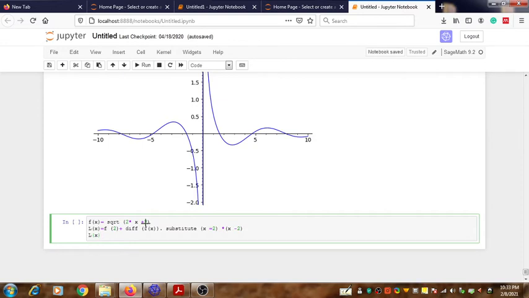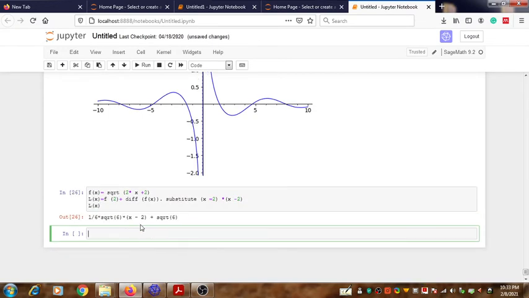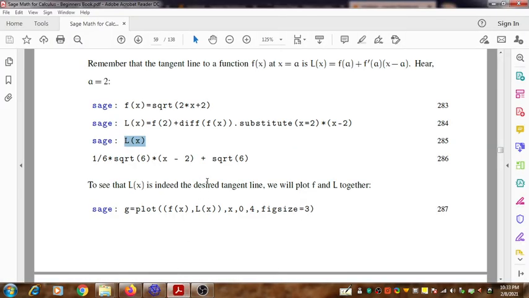Taking the output, very quickly you got that answer: 1 by 6 times square root of 6 into (x minus 2) plus square root of 6. You can compare it with the one given in the manual.